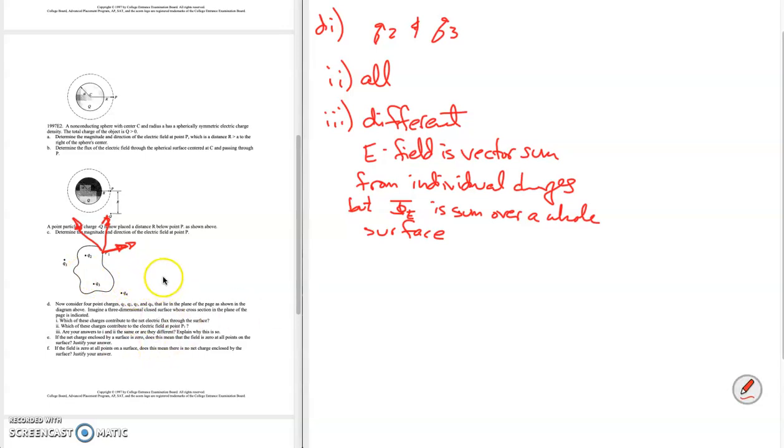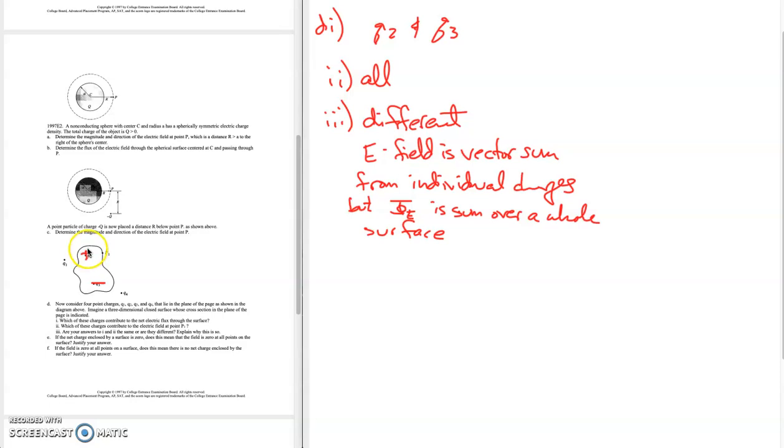Part E. If the net charge enclosed by a surface is 0, does that mean the field is 0 at all points? Well, no. What if we say that Q2 is plus and Q1 is minus, and they're the same size? So we have a proton and an electron, the same size electrically.